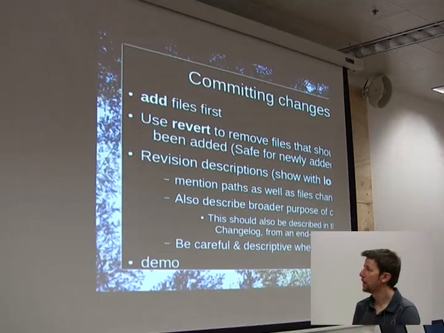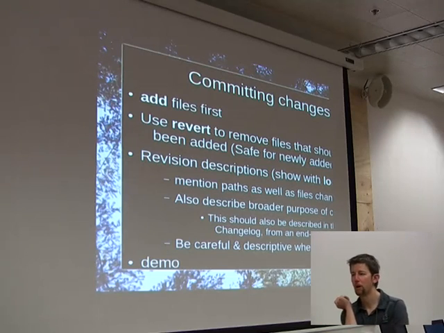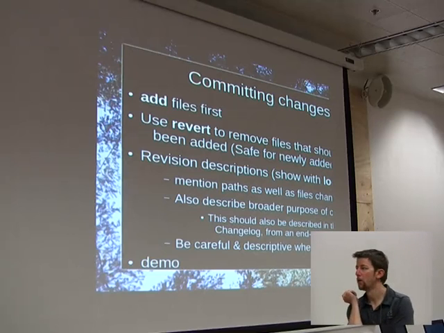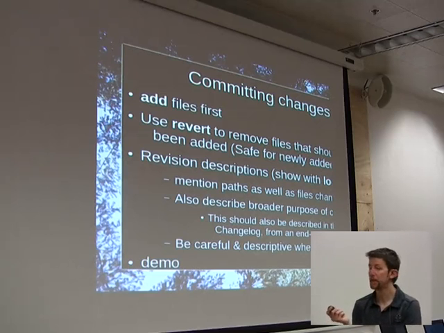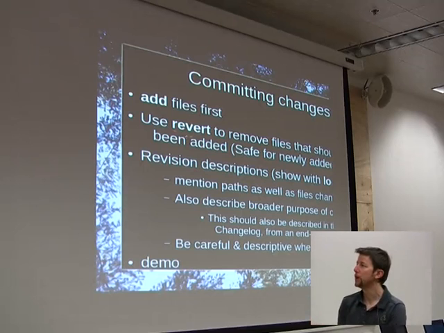Revert is useful because it doesn't just revert files back to how they were on the last checkout or update. If you have scheduled a file for addition and you don't want it to be, you don't delete the file, because then it will just say, oh, we've got a file scheduled for addition, but it's gone, and then your commit will fail. What you do instead is you revert the file.